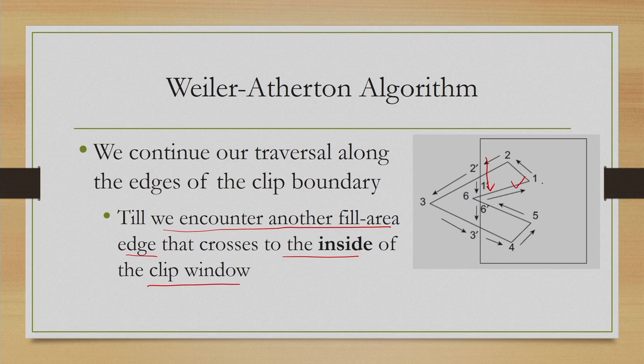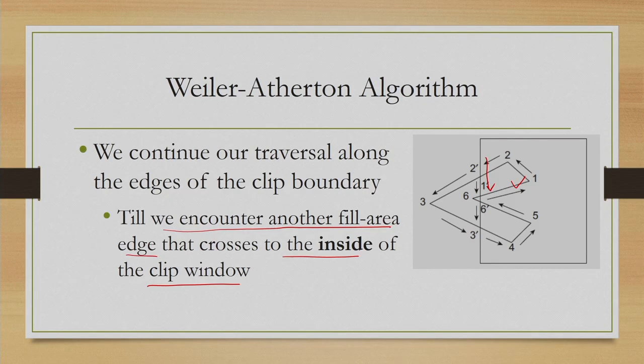The edge denoted by the vertex pair 6 1 crosses to the inside of the window, and we encountered it while traversing along the window boundary.